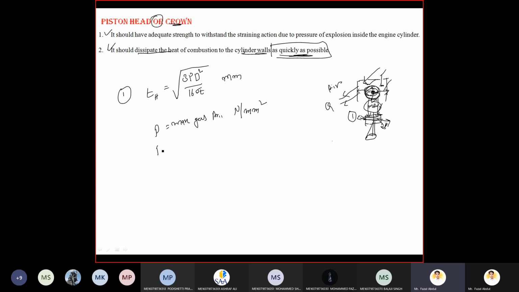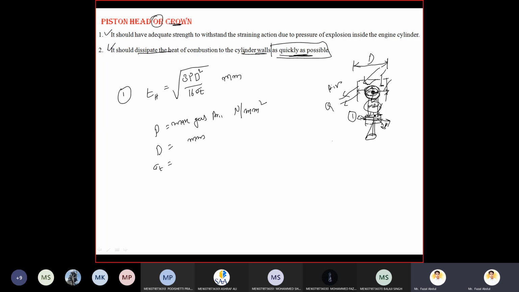Now what is capital D? Capital D is the bore diameter. Bore is nothing but the cylinder diameter. It is measured in mm. And what is sigma T here? Sigma T is the permissible bending or tensile stress for the material of the piston.